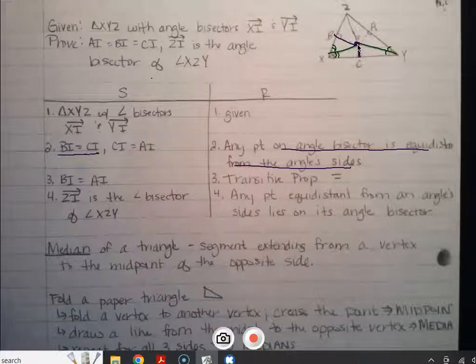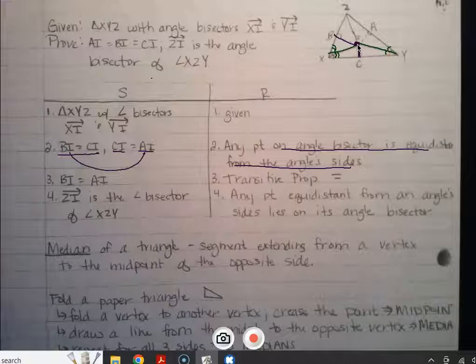Now, here they said CI is equal to AI as well. I don't know why they didn't list all three, but they connect BI to AI with the transitive property here. Are you following me? I would have thought we could just list all three of them there, but it doesn't, so we'll take it.